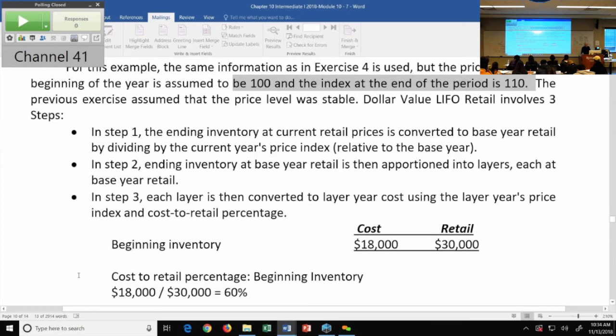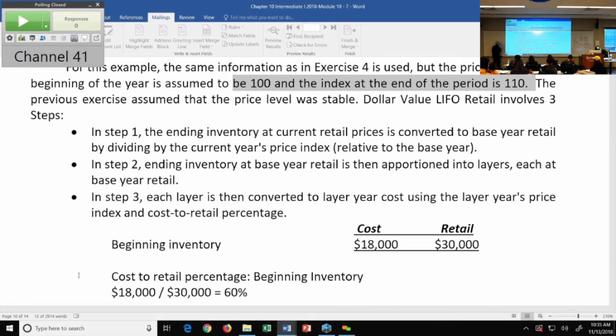So, in putting this in steps, which I know a lot of people like to do, you got to get the ending inventory at current prices, and you got to convert that to base year. Get the ending inventory, convert it to base year, get the increment or decrement in base year prices, and then you'll wind up converting that back to current year and then to cost. So there's an extra step.